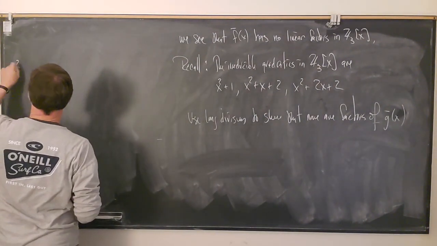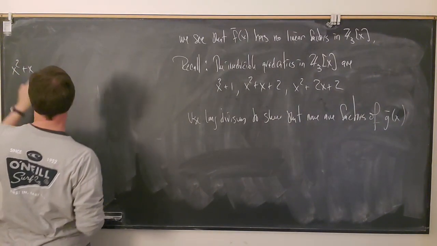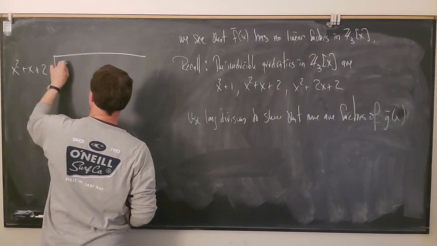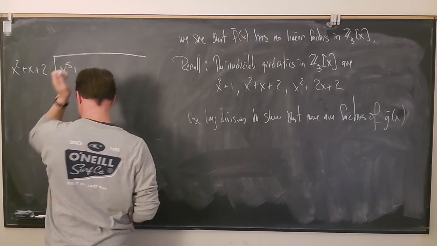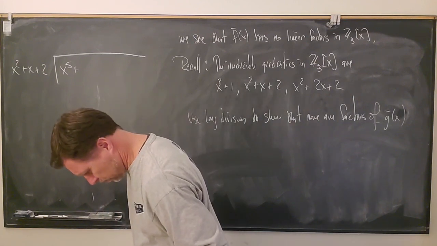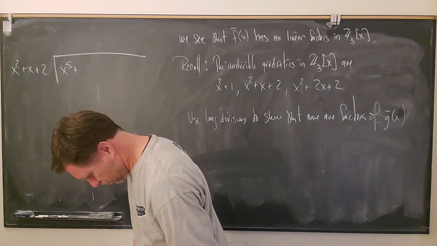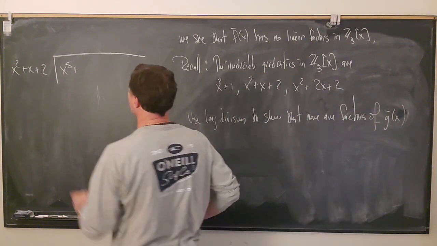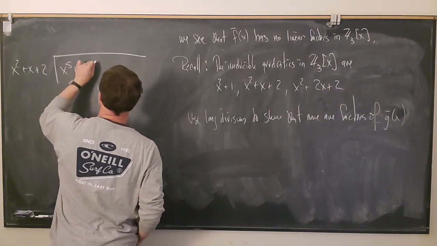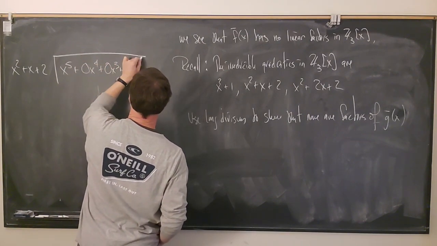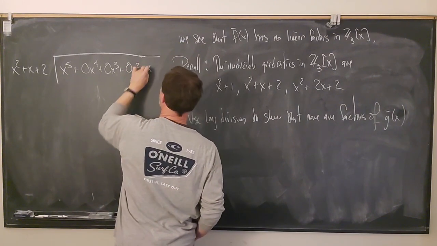So x squared plus x plus 2 divided into x to the 5th plus 2x plus, oh man, it was 2x plus 1, right? Of course I erased it and there's no one here that can tell me. Yeah, plus 2x plus 1. Okay, so it'll be plus 0x to the 4th plus 0x cubed plus 0x squared plus x plus 1.